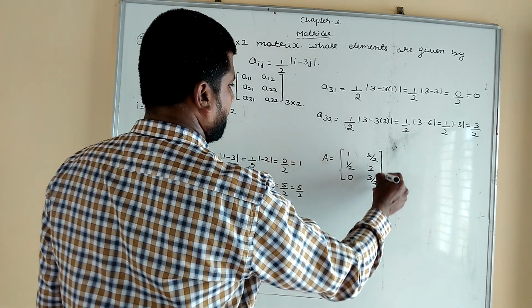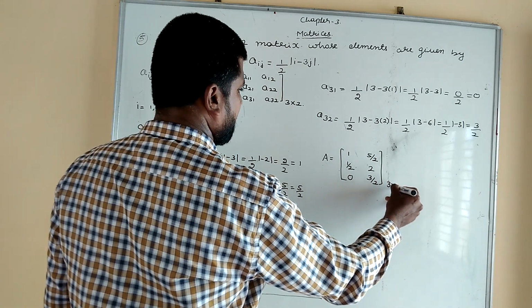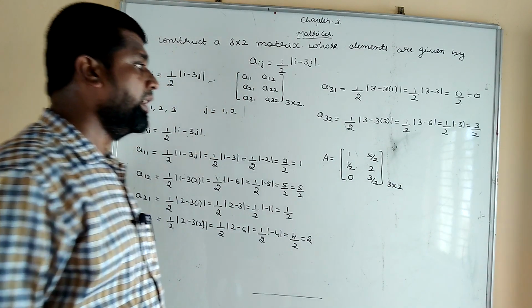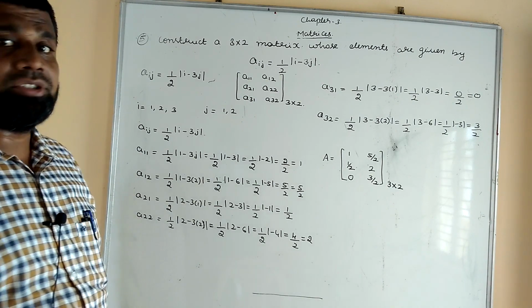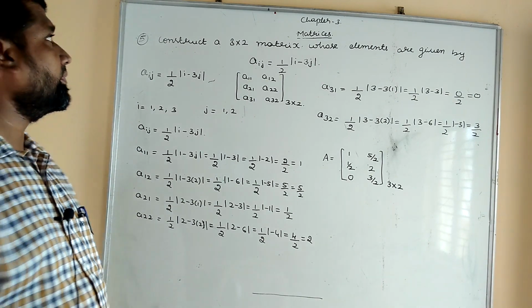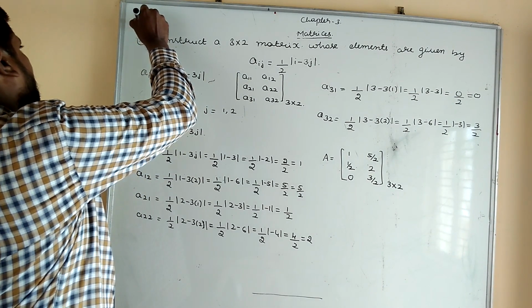This is the matrix of order 3 cross 2. This is a very important question of this type for 1 mark. There will be a question for 1 mark. Very important question for your annual examination.